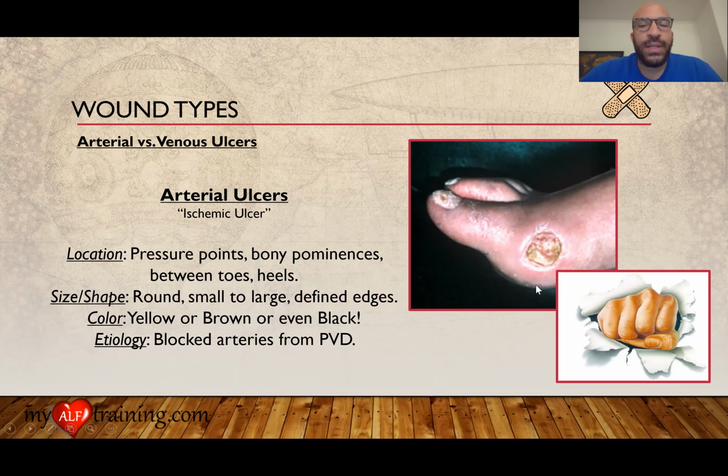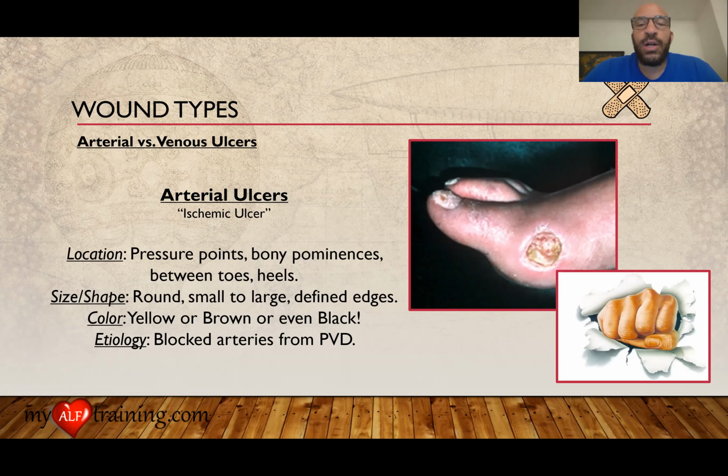The color is going to be yellow or brown mostly, but sometimes it can even be black. Of course, that's an indication that it's been there a while and the tissue and skin around it is dying. It's becoming necrotic. And this is, again, caused by peripheral vascular disease, but from blocked arteries.